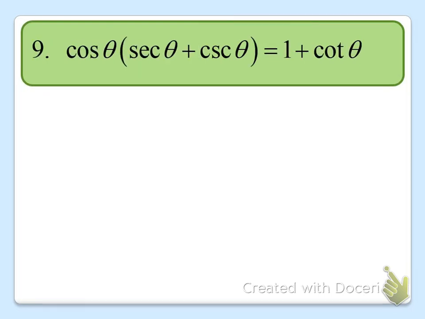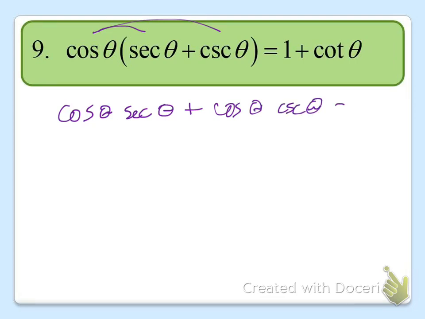Okay? Next one. Well, left side looks more complicated. Since we just distributed and that worked out pretty well for us, maybe we do that again. So we get cosine theta, secant theta, plus cosine theta, cosecant theta. We're trying to look like 1 plus cotangent. Well, after we distributed last time, we wrote everything in terms of sine and cosine, so that's probably going to be helpful again.